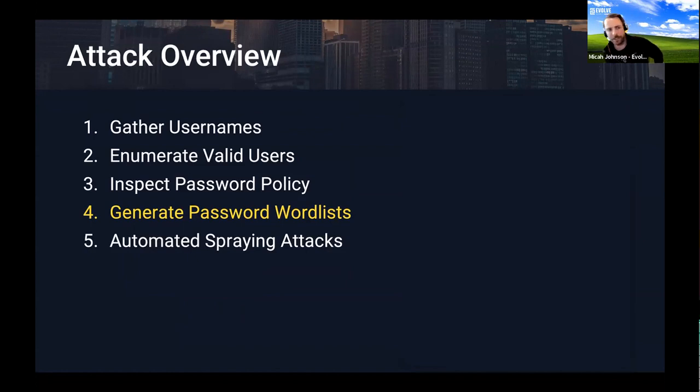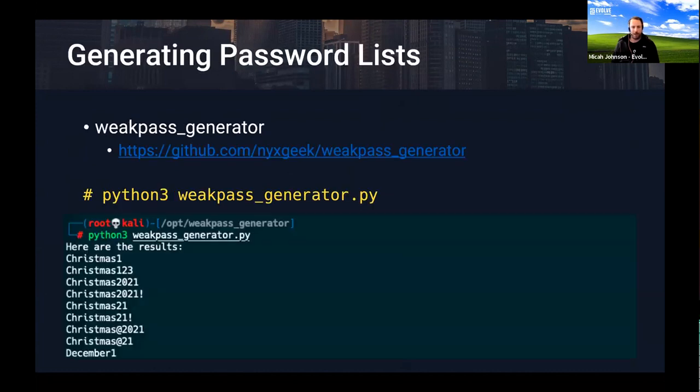Yeah, and then the other part is, after inspecting the password policy, we have to formulate some sort of password list based upon the research we gathered from the password policy. This is one tool, a weak password generator, where for me it's much easier to delete stuff than to formulate the list myself. It's a quick tool that generates quick-win passwords depending on the season.